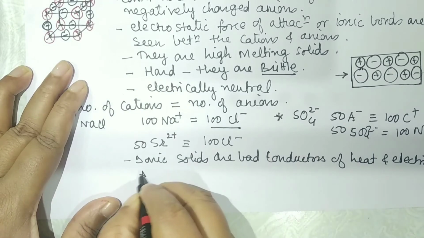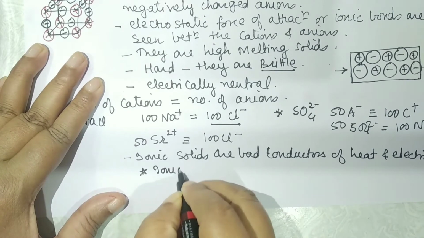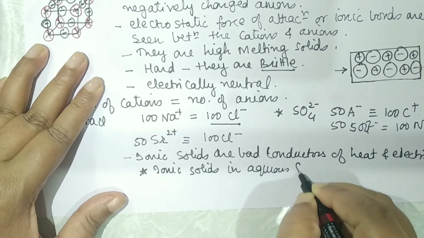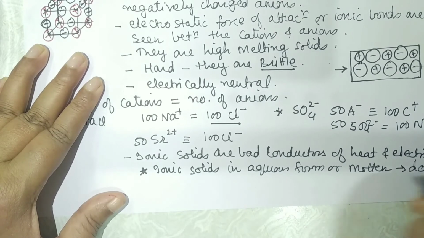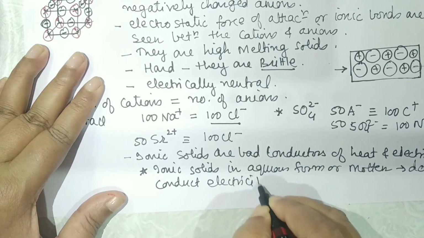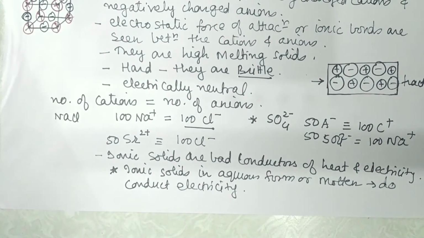But it's very, very important to note that ionic solids in aqueous form or molten form do conduct electricity. It means they become a conductor when I dissolve that in water or I heat it to get its molten form. Because when I put that in water or heat it, the ions are separated and then it conducts electricity. So this is about the ionic solids.